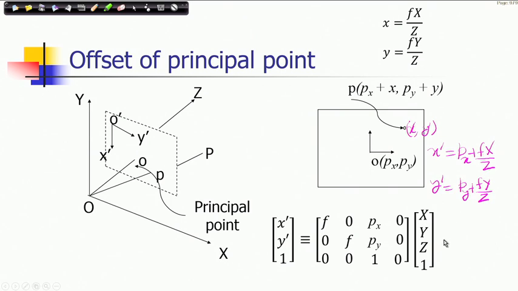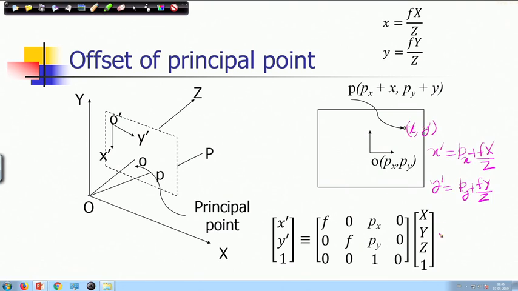So, if I simplify this matrix multiplication, we will find this operation will give me f x plus Px, then f y plus Py, then z. So, this is a point of the two dimensional projective space, and z is a scale factor.